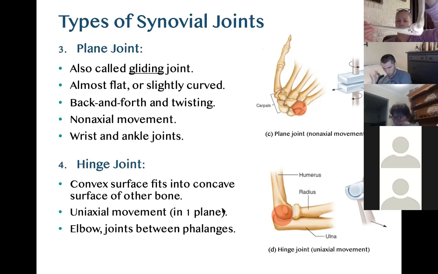I don't have my radius up here, with the two bones fit together. And you have this olecranon, kind of like a little wrench that fits in here and forms a hinge, like what's on your door. If you think about your elbow, it moves a lot like the hinges on your doors or cupboards. So it's uniaxial, in one plane.